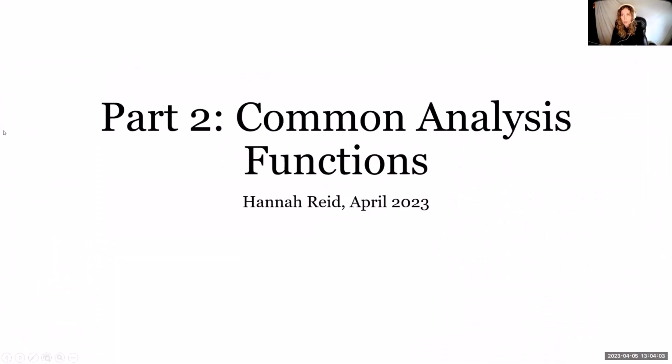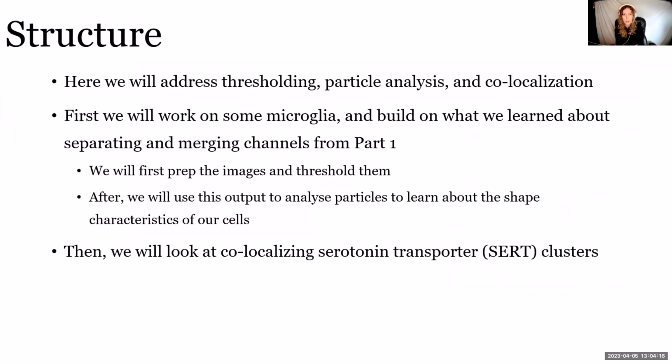I'm going to be working through some common analysis functions. It's slated to go for 45 minutes. I'm not sure how much time people will need. I'm aiming for about 35 in the hopes we have time to answer some questions and work through any problems that come up. The structure of this part is we'll be addressing how to do some thresholding, some particle analysis, and colocalization. First, we're going to work on some microglia images and build on what we learned in part 1.